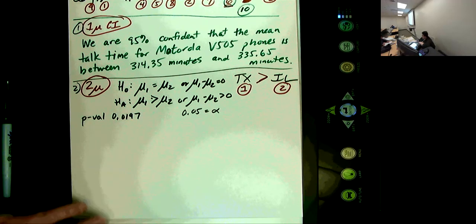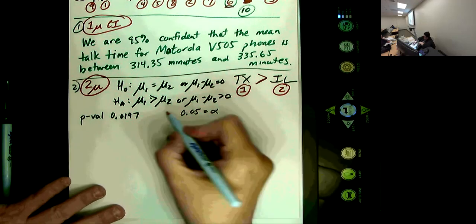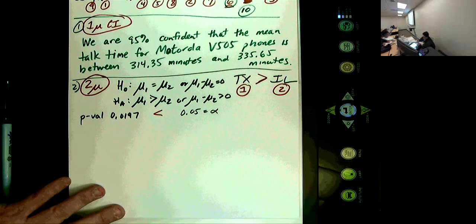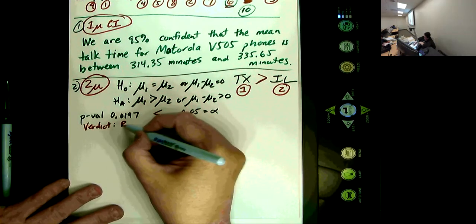How does the p-value compare to alpha? Bigger. Too low. It's less than, it is not bigger, oh shoot, it's smaller, my bad. So it's too low, what's our verdict? Reject H naught. Verdict is reject H naught, support HA.